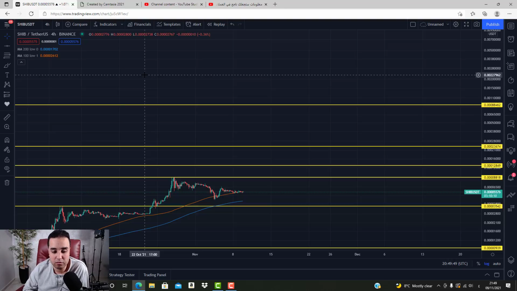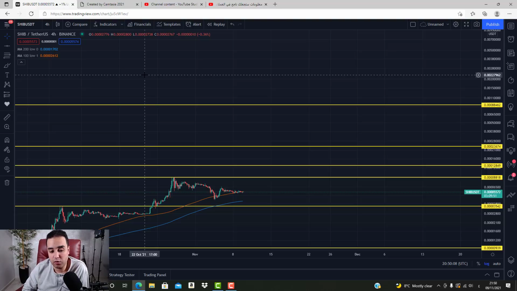Based on technical analysis, we can see some kind of accumulation phase. Based on the fundamentals, you can see that people are buying big amounts, and also burning big amounts.